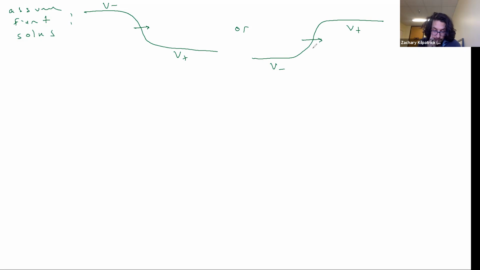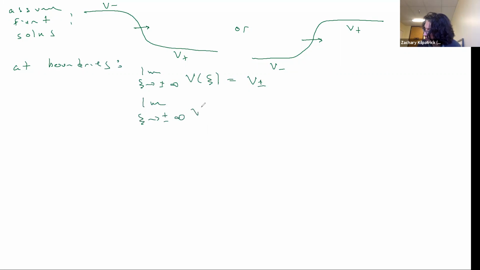And so the idea is that at the boundaries, we can actually implement 4 different boundary conditions. It's not really a boundary, it's the limiting behavior at positive and negative infinity. Essentially, the limit as psi goes to plus or minus infinity of v of psi is equal to v plus or minus, and the limit as psi goes to plus or minus infinity of v prime of psi is equal to 0.